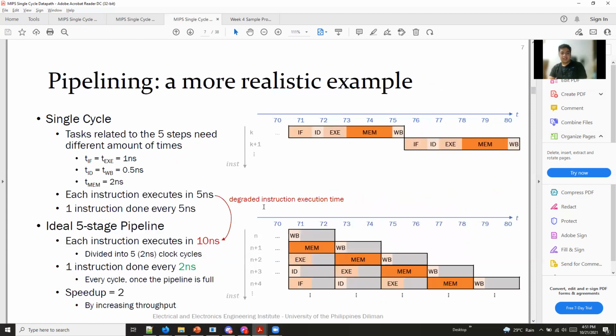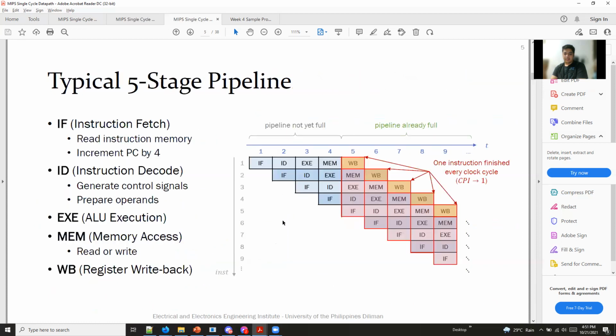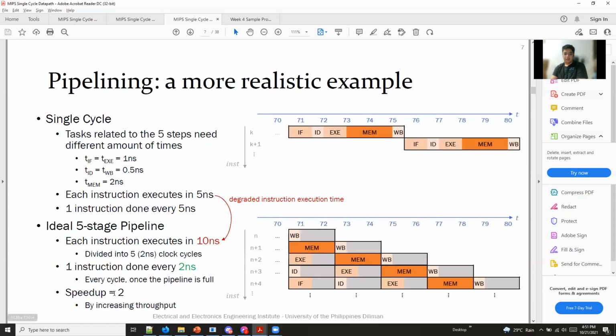So for example, if hindi pantay-pantay yung hati ng cycles natin, magdedepende yung ating clock cycle doon sa pinakamalaki. So similar siya sa multi-cycle na data path. So if 2 nanoseconds yung pinakamalaki dito, per cycle natin is 2 nanoseconds. So ang speed up natin instead of 5 is magiging 2 na lang. Pero improvement pa rin naman. Diba?